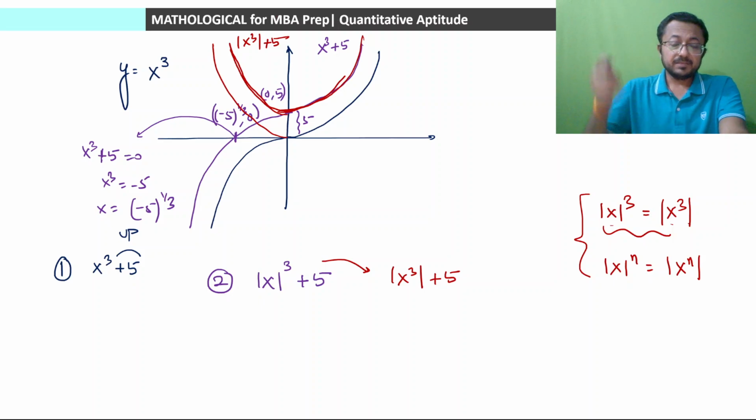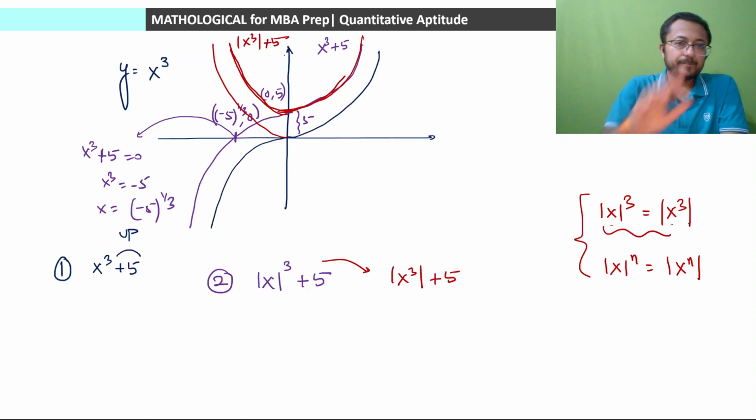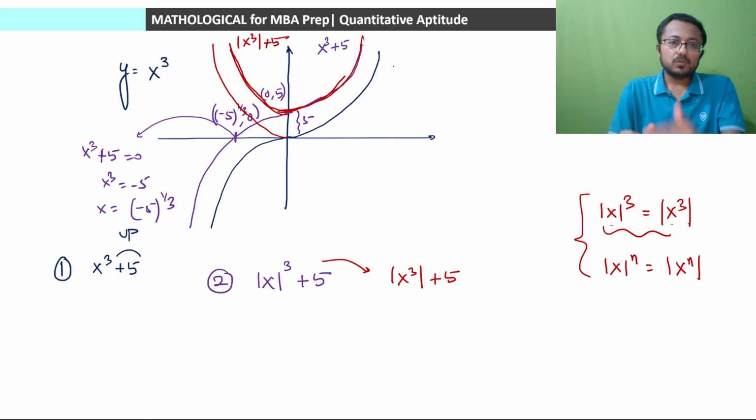Okay. Similarly, if we had to make another graph, let us say, fresh page पे करते हैं, third graph, mod of x cube plus 5. In such a case, we'll first make the graph of x cube plus 5, which we had already made, and then we'll take modulus of that. So x cube plus 5 का graph तो already drawn है, so modulus of that.